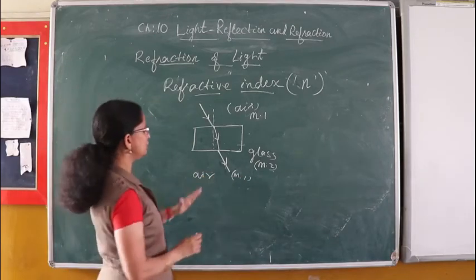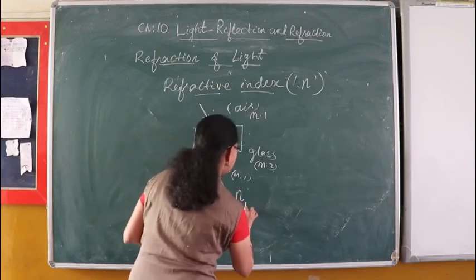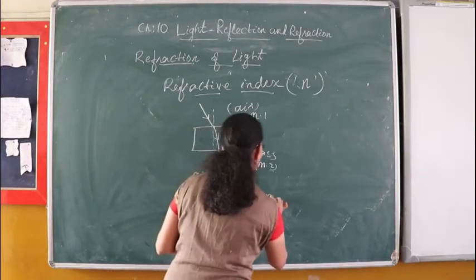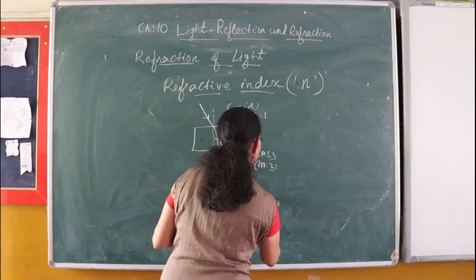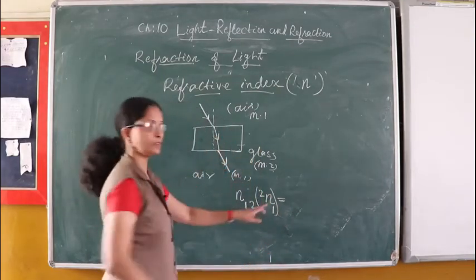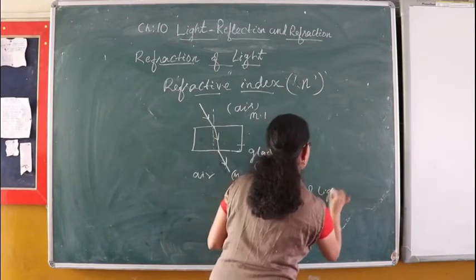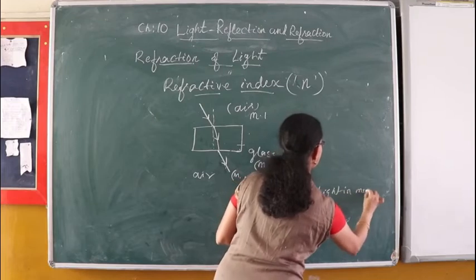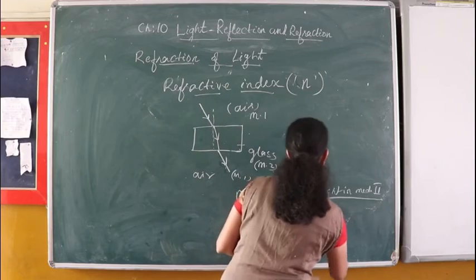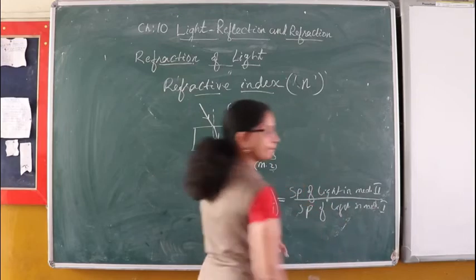So in this case we say the refractive index of medium 1 with respect to 2, and that is obtained as the speed of light in medium 2 upon the speed of light in medium 1.